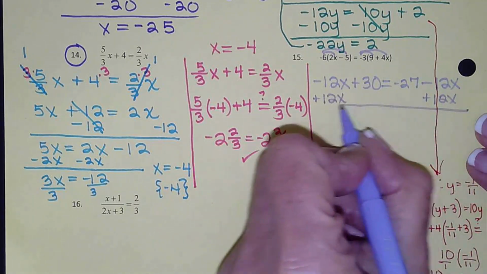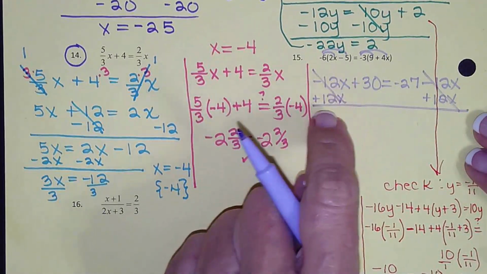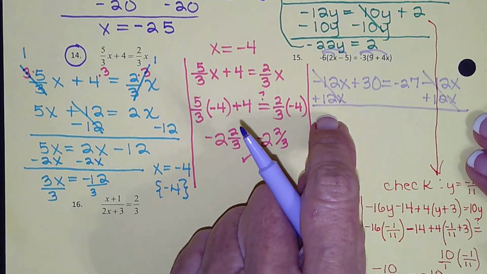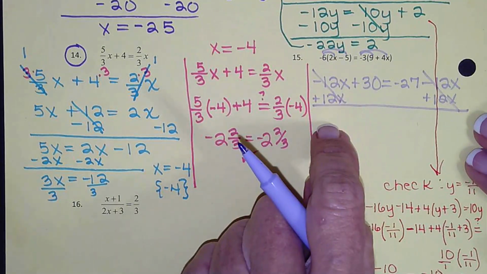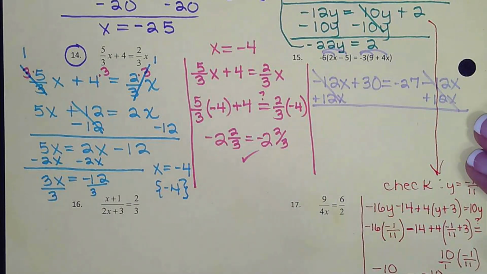And as you can see, it cancels on both sides. And the most common mistake, which I know I've already told you, broken record here, is students write x. Don't write x. That means 1x. 12 minus 12 is not 1. It's 0.